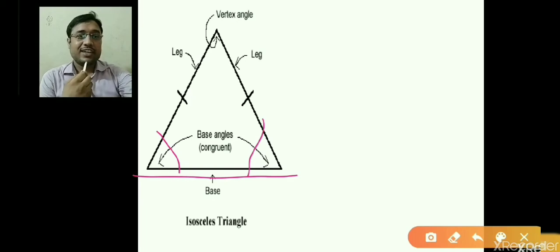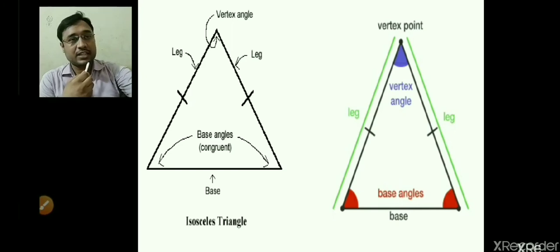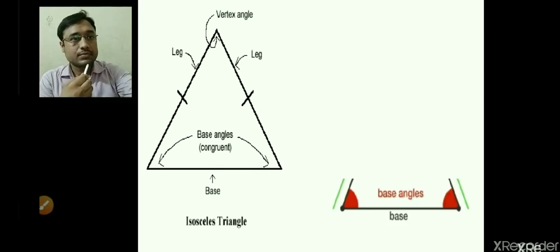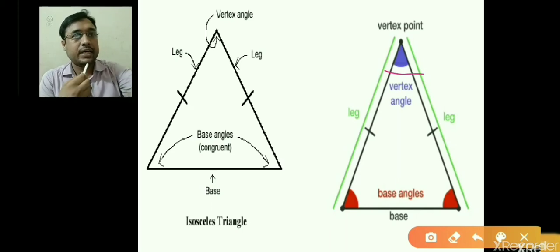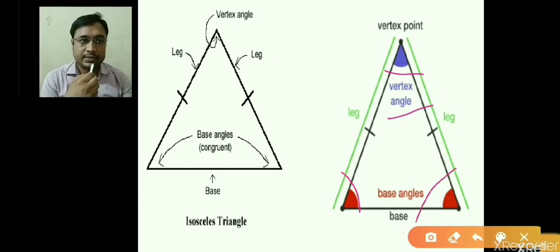Okay, now here you see the vertex point. In this diagram, this point is the vertex point, and the angle situated there is called the vertex angle. And the other two angles at the end points of the base are called the base angles.